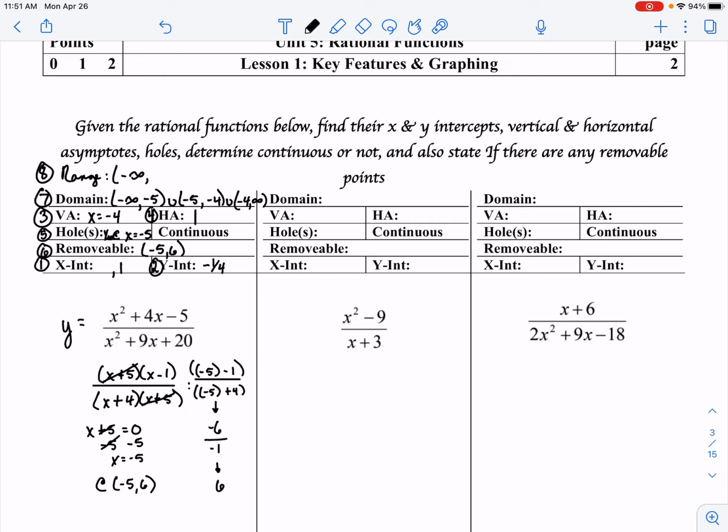So from negative infinity to 1, 1 to 6, and then 6 to infinity. If you notice here, I put parentheses in all of them. That's because these are breaks, holes, or gaps in a graph which cannot be part of the domain or range.